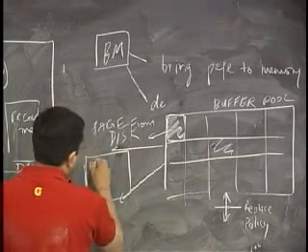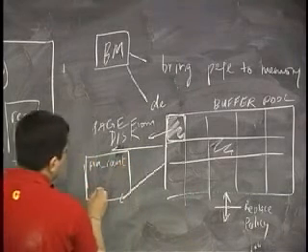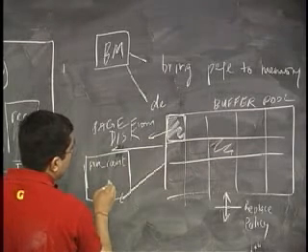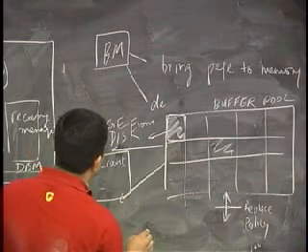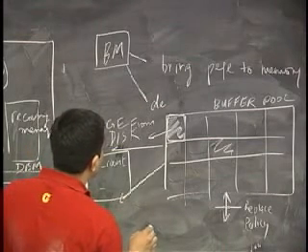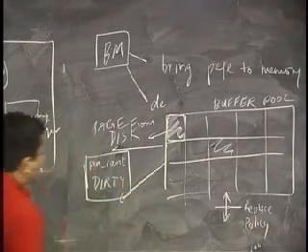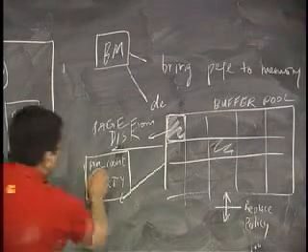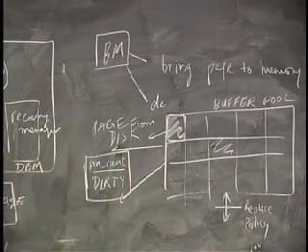This will have a variable, pin count, and whether this is dirty. So now it has two variables. Pin count is how many people are using this page, have requested this page.